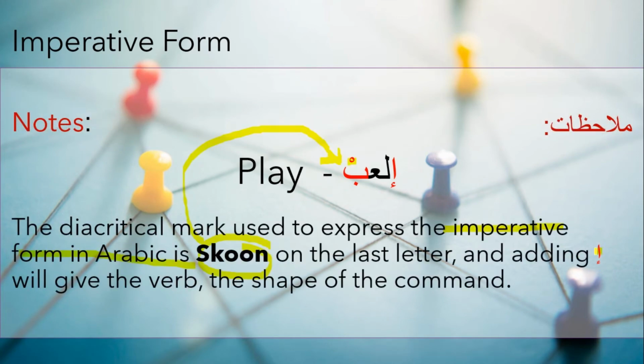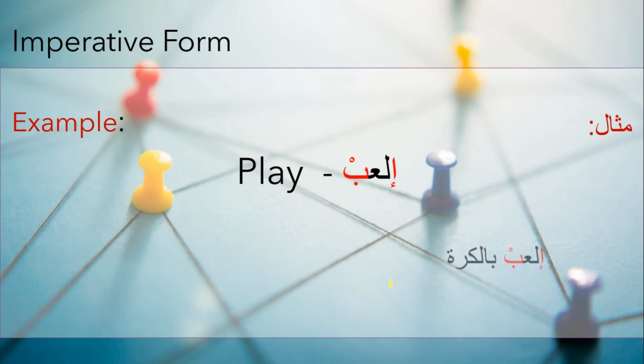As you can see, sukun, and e or a, depends again on the word letters or diacritical marks. Mostly we use alif, which is e, ilab. Ilab is a command. That's why we use alif and sukun on the last letter to express the shape of the imperative form.